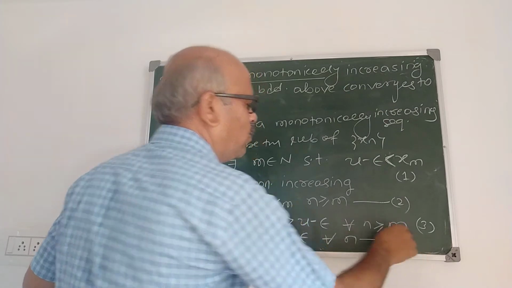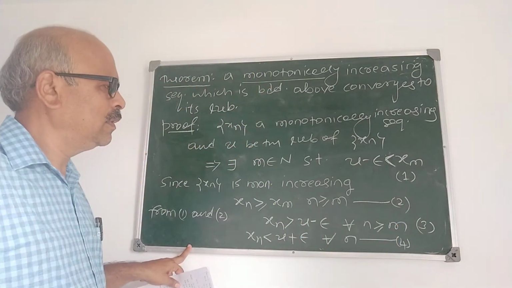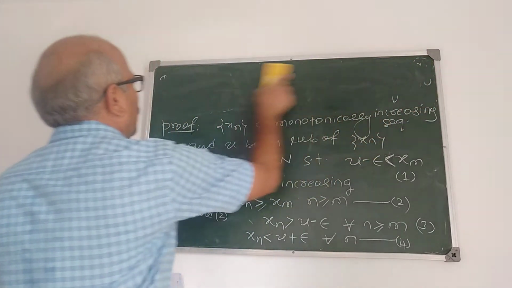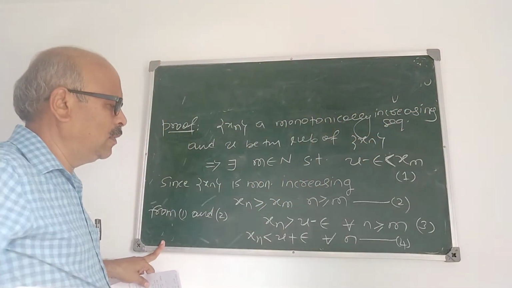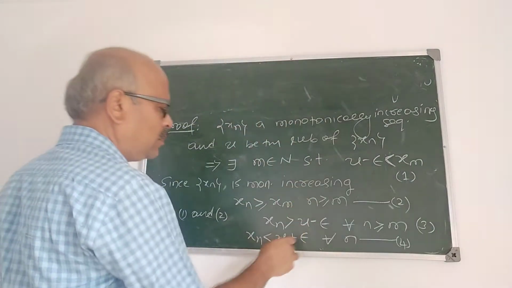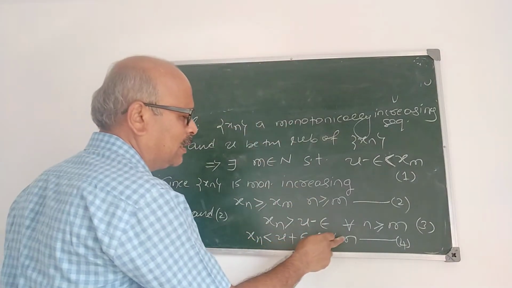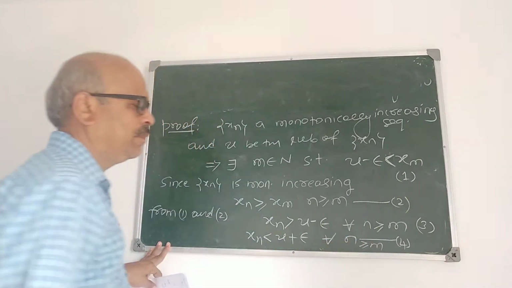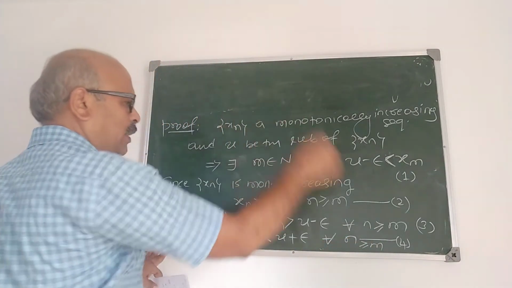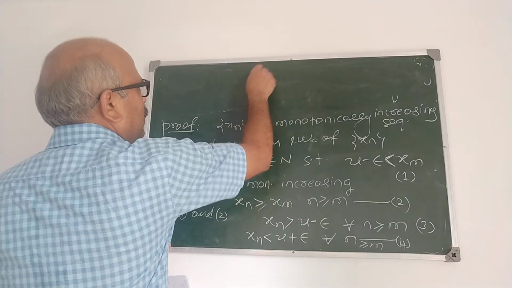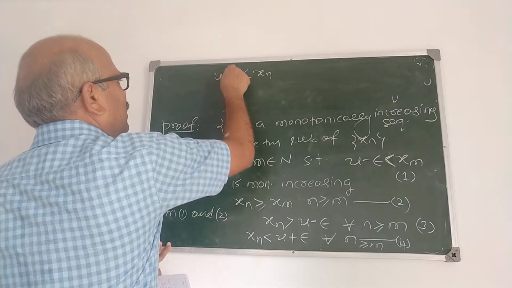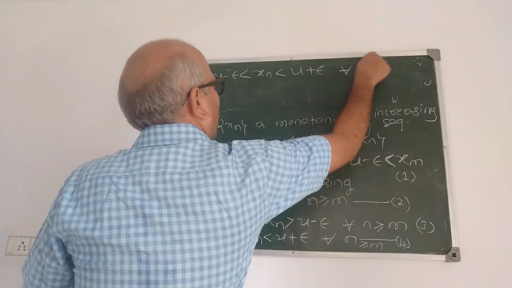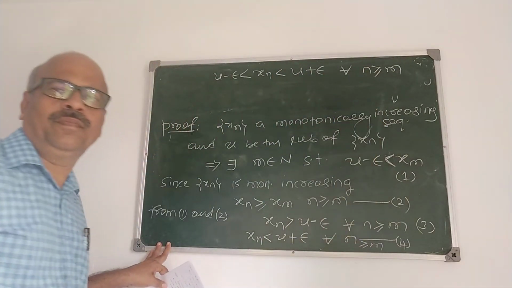This is 4. Now see 3 and 4. From 3 and 4, xn is less than u plus epsilon for all n, in particular for all n greater than or equal to m. Therefore xn is greater than u minus epsilon and less than u plus epsilon for all n greater than or equal to m.